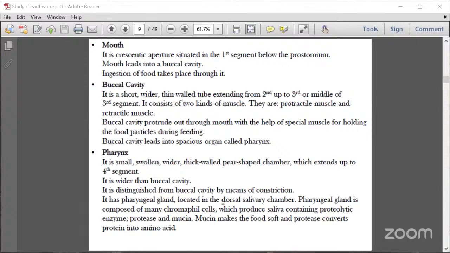It has the pharyngeal gland located in the dorsal salivary chamber. Pharyngeal gland is composed of many chromophil cells which produce saliva containing proteolytic enzymes called protease and mucin. Mucin makes the food soft, and protease converts the protein into amino acid.